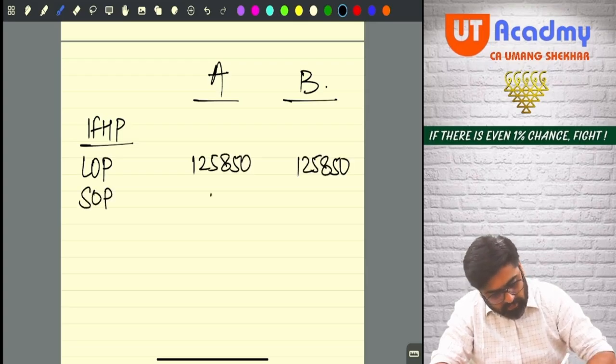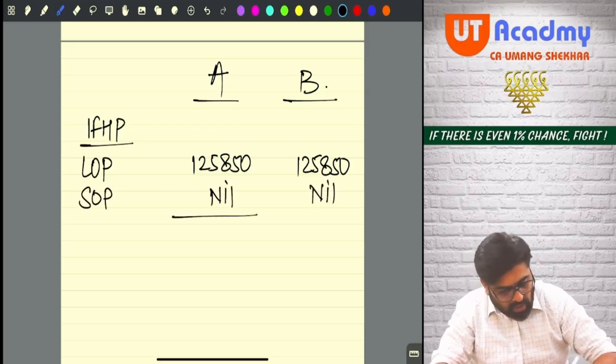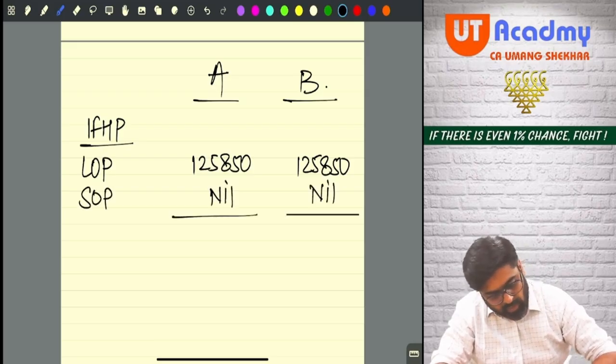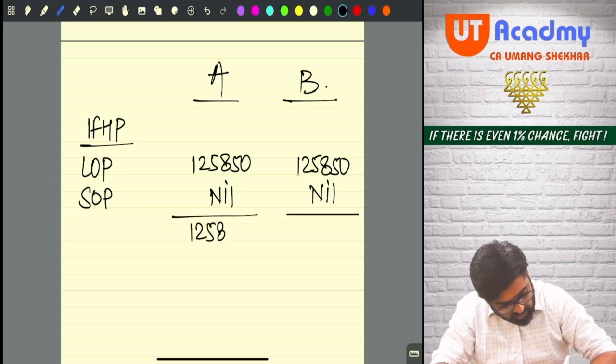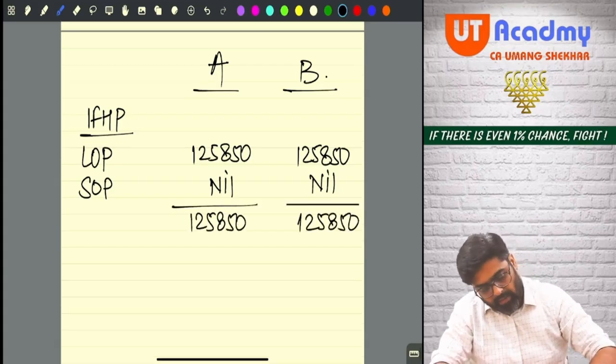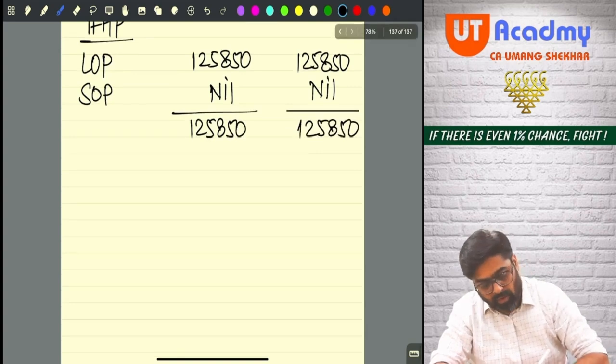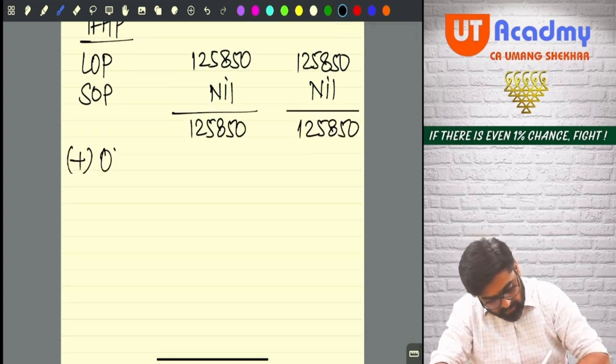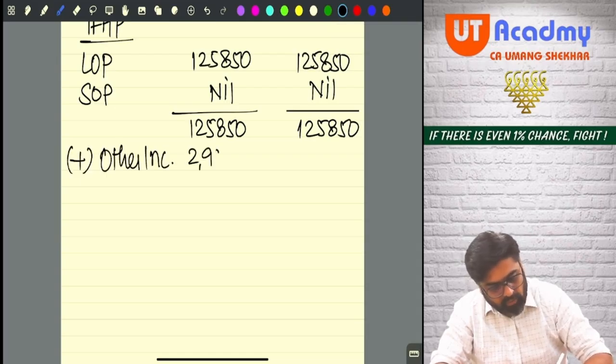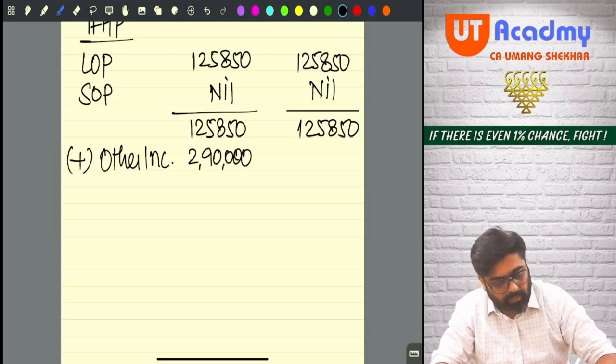SOP portion income here will be nil. So total house property income for both of them will be 1,25,850, 1,25,850. And my dear friends, this is income from house property. In this I will add other incomes. For Arun it was 2,90,000 and for Bimal it was 1,80,000.